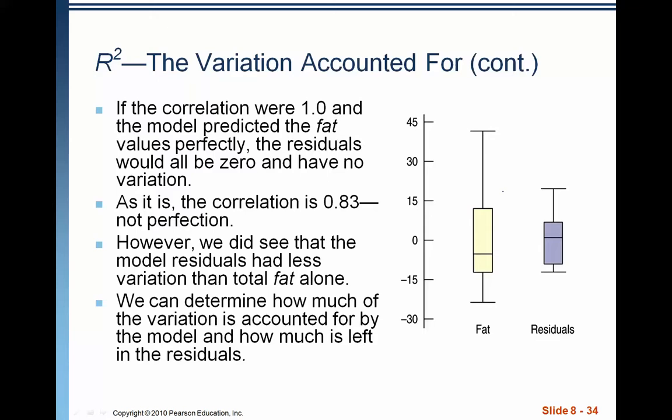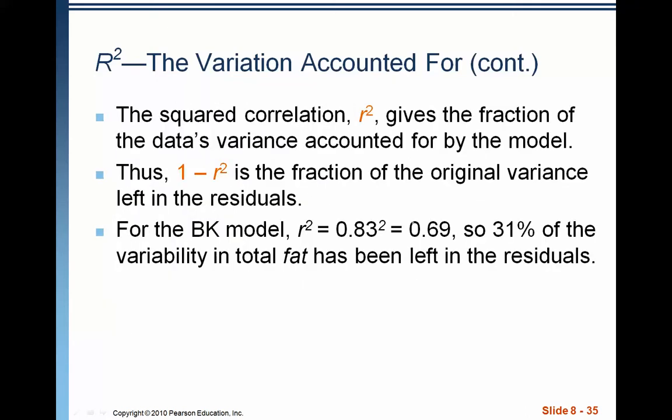So notice that we have some variation in the residuals, we have some variation in the model. We can determine an exact number about how much variation is in the model and how much variation is in the residuals. That value is the R-squared.